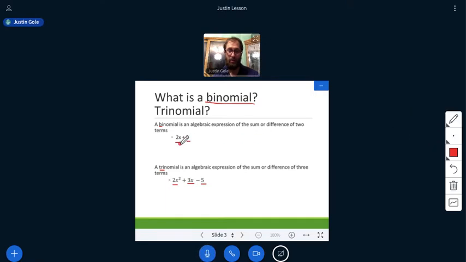You see, 2x is a term because it is not separated by an addition or subtraction sign. 2x squared is a term. 3x is a term. So anytime you see that it's not separated by addition or subtraction, you're looking at a term. So 3 times x. If it was 3 minus x, it would be two separate terms.